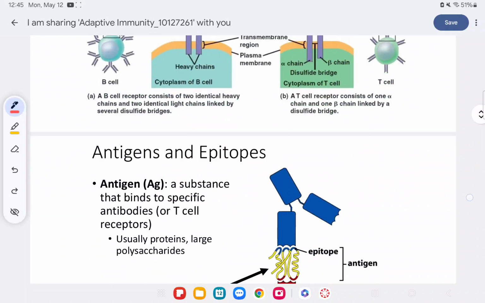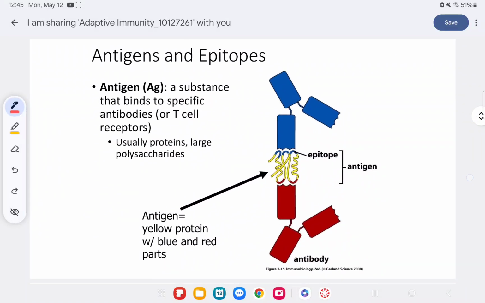So an antigen, an antibody generator, is typically a protein on the surface of a virus or a bacterium, or it could be yeast. And this protein in itself has a shape and has twists and turns. The little bits are called epitopes.